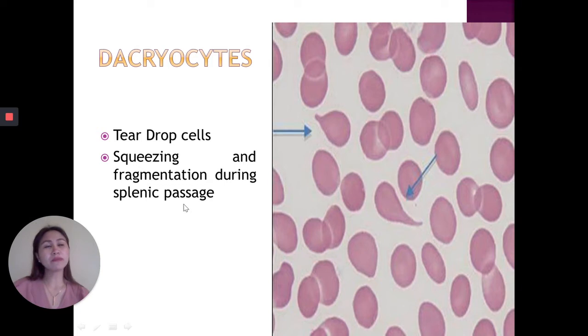So sometimes when our RBCs pass through our spleen, they tend to squeeze through the cells there or the parts of your spleen, and the shape will also be affected and becomes like this one, the cryocyte.